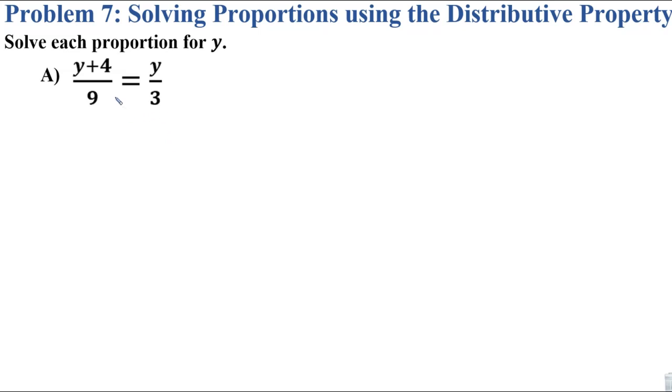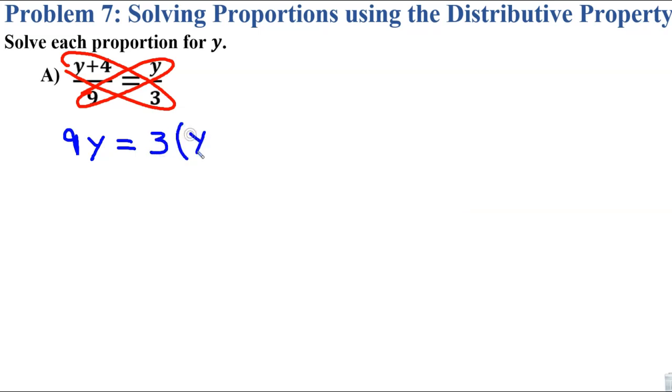I want to cross multiply. So we'll look at the first cross product, 9 times y, which we can just call 9y. We'll set that equal to the other cross product, which is going to be 3 times the y plus 4, and I'm going to write that as 3 times parenthesis y plus 4.